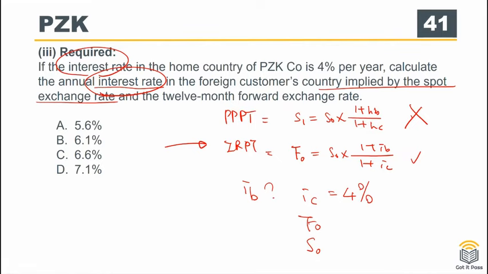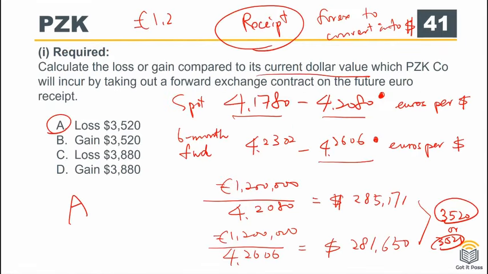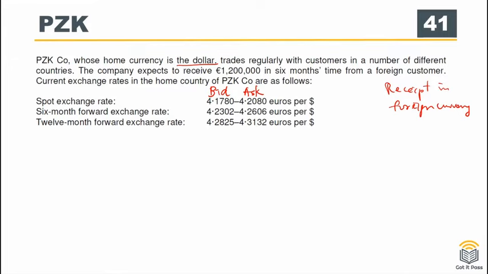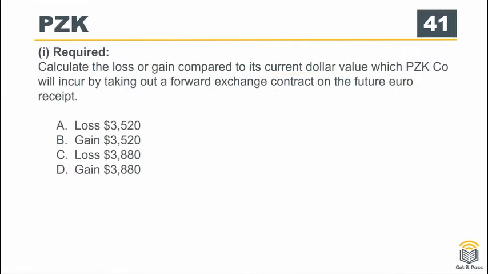Spot rate, let's take 4.1780, and the 12-month forward rate is 4.2825.